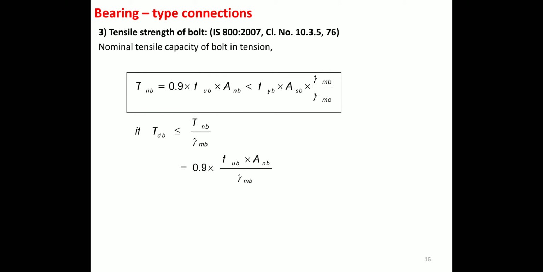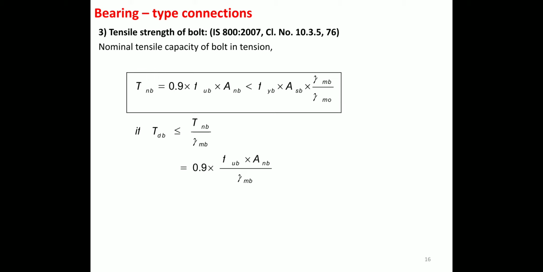Then the third type of strength we have to check is the tensile strength of bolt as per IS 800 2007, clause number 10.3.5, page number 76. Check the nominal tensile capacity of the bolt in tension, denoted by TNB, which is equal to 0.9 into FUB into ANB, which is less than FYB into ASB into gamma MB divided by gamma M0.